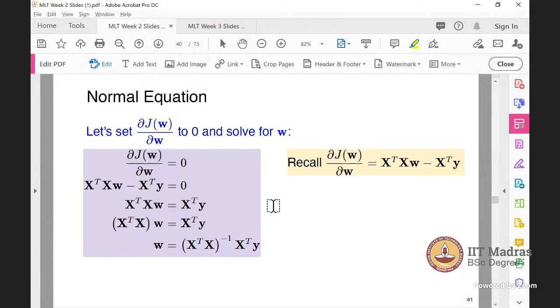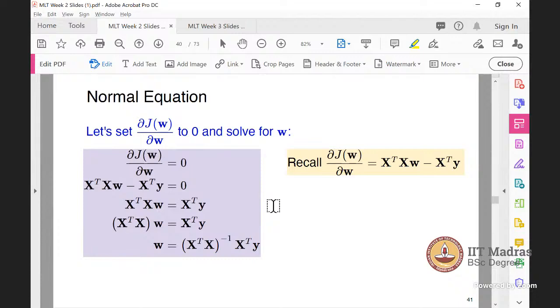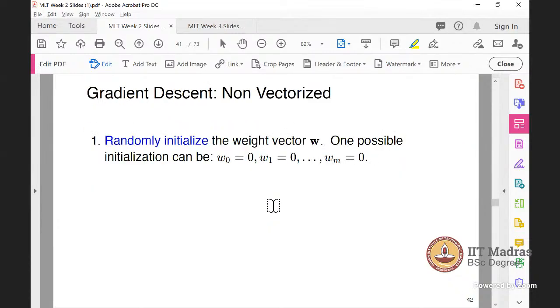While sir, you're doing that, may I move forward? Yes. So the other method by which we can get the best set of parameters is gradient descent, which is a more iterative method, and it is very useful for large data sets.